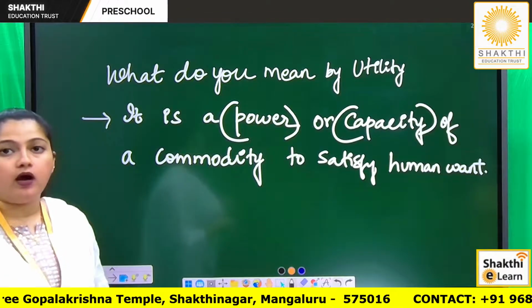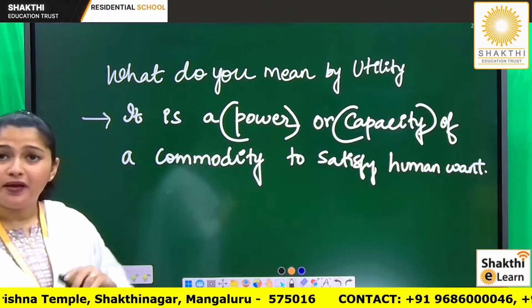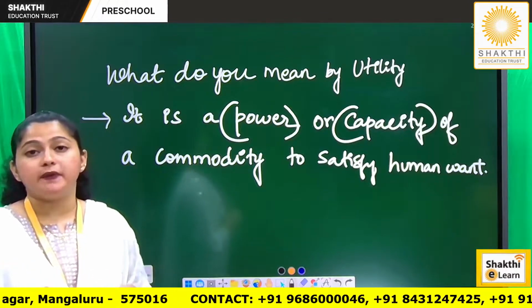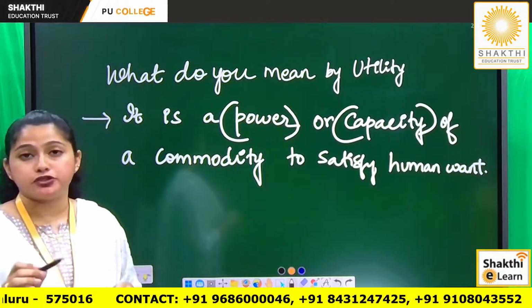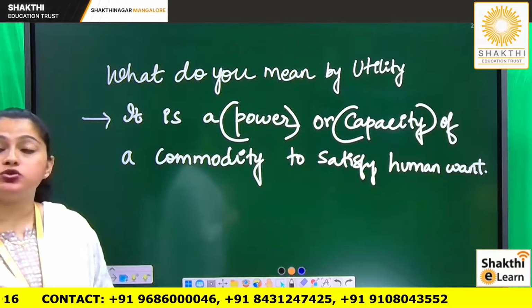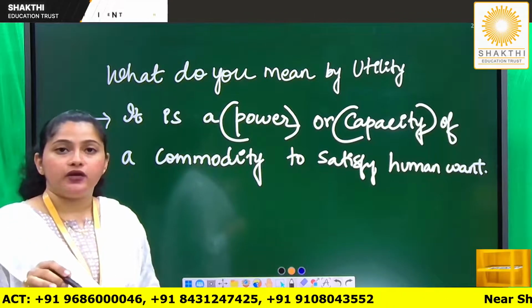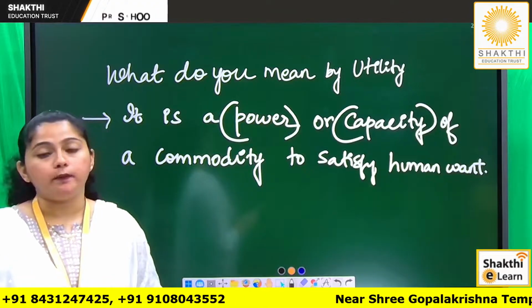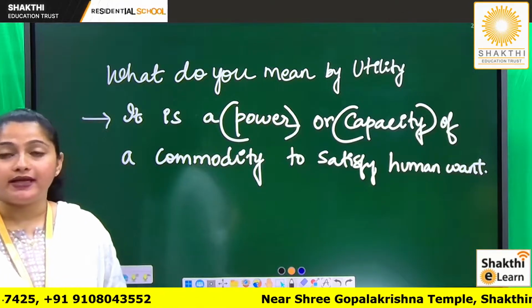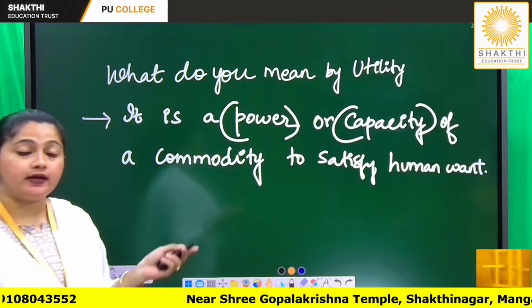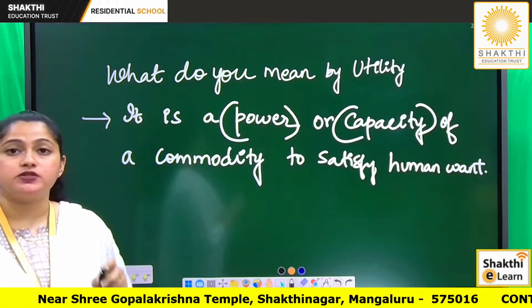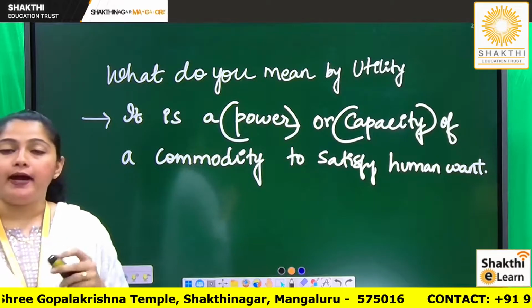an individual's desire. For example, me as a lecturer, my want is being satisfied with the help of a chalk. You being a student, your need or desire is being satisfied with the help of a pen or a book. Our utility is different, but each commodity has the capacity to satisfy your and my want.